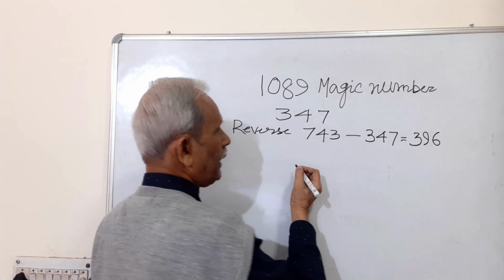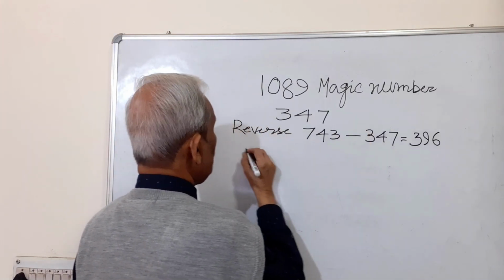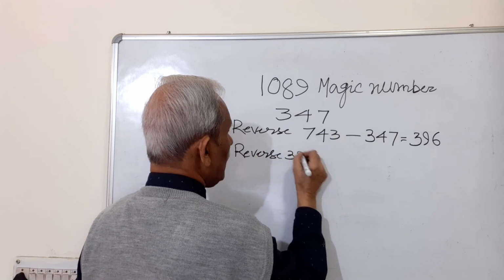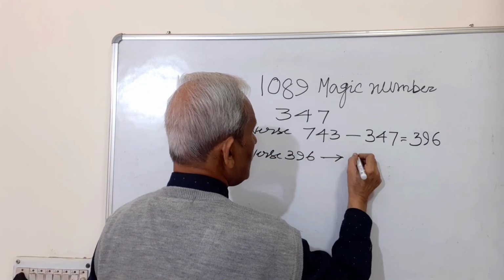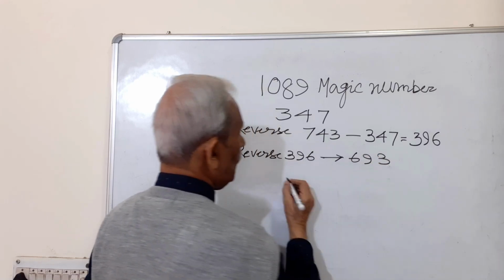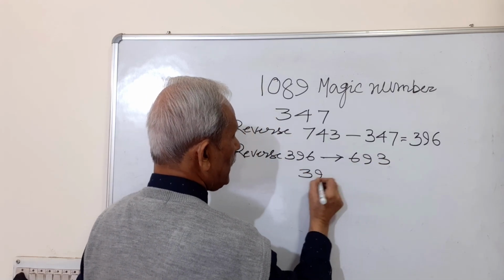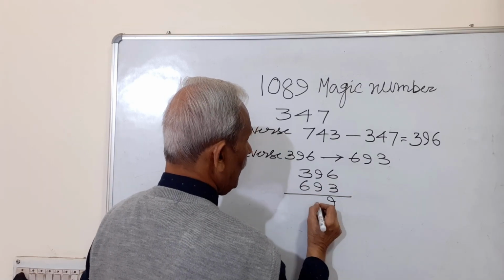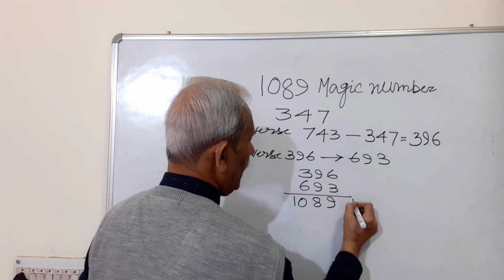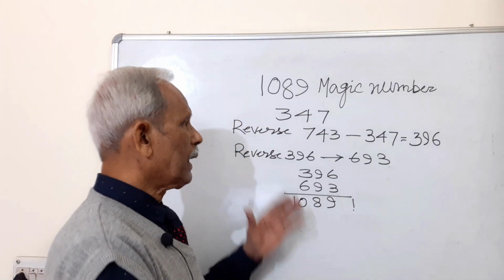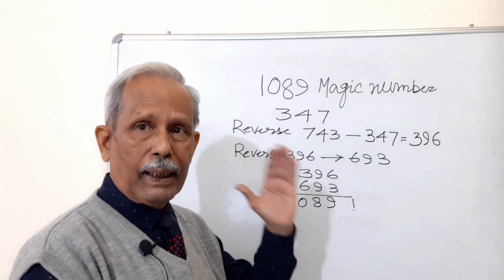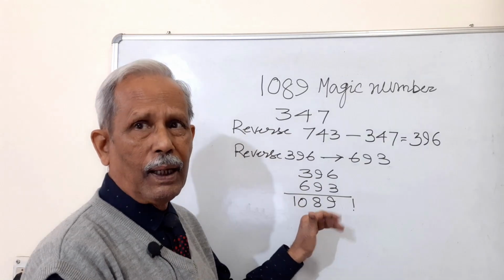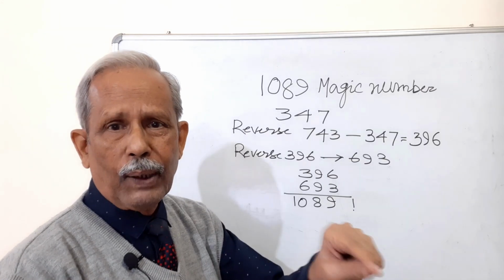Now when you get 396, again you reverse this number, and you get 693. Now add these two numbers, 396 with 693. How much do you get? You get 1089, and that's fascinating. You can take any number of numbers, and you will get the same result after a few steps. It will ultimately result in 1089.